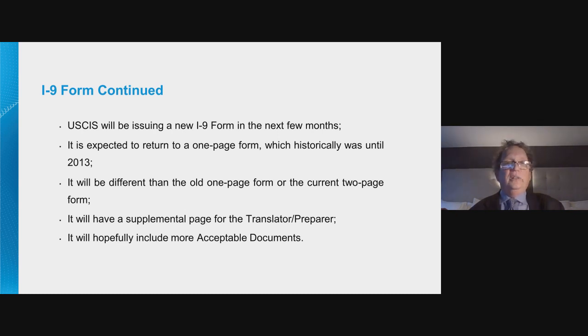And I don't necessarily always compliment USCIS, or any government agency. I used to work for a federal government agency, so I probably know some of the flaws within that. But that was a great change in my opinion. Unfortunately, they're going to go backwards. They're going to go back to the one-page form.